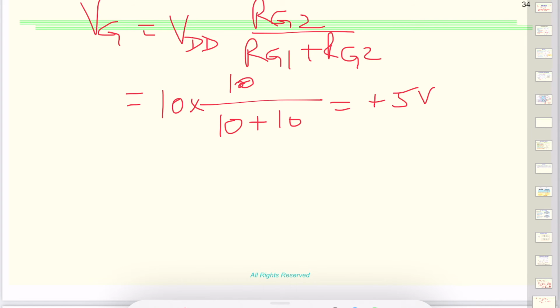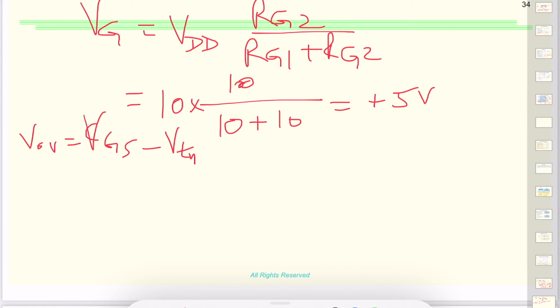In saturation, we know the basic fundamental requirement, VDS has to be greater than the overdrive voltage, and hence in that case we would use a simplified relationship of VOV squared, and VOV, the overdrive voltage, we know is the gate minus the threshold voltage.